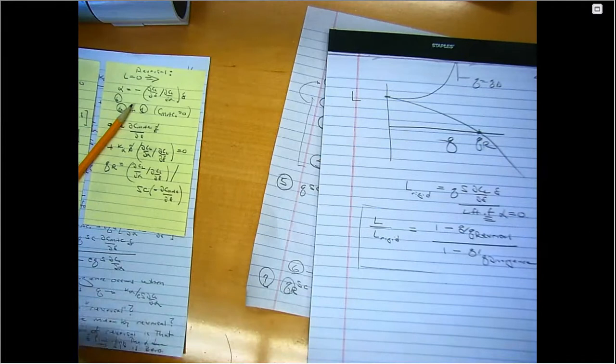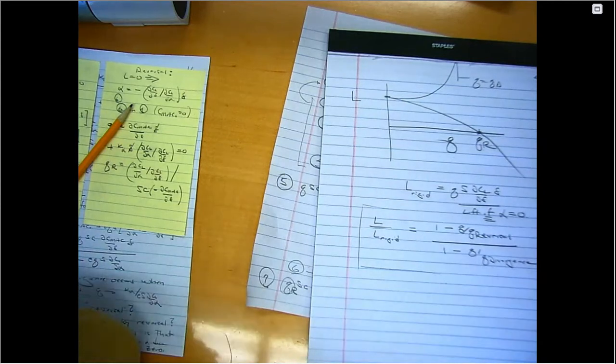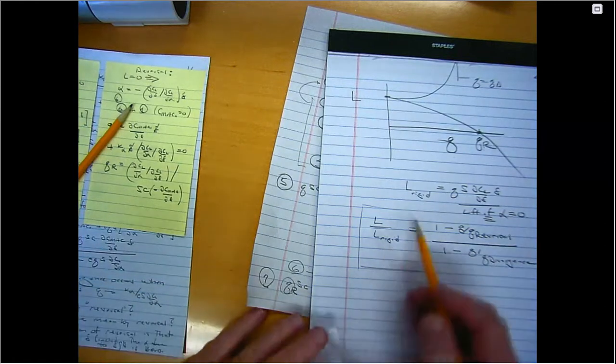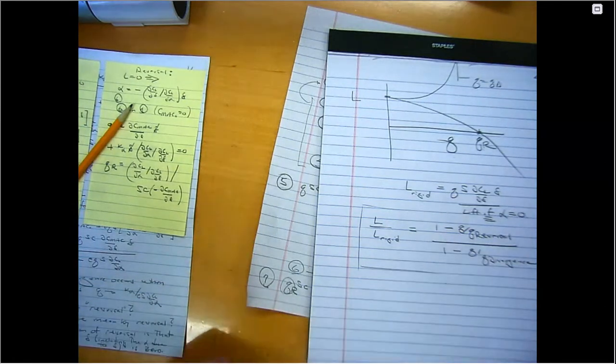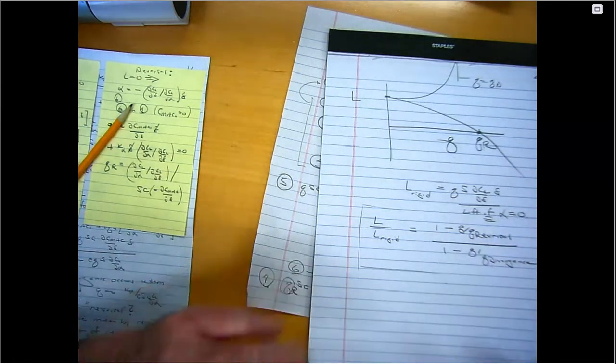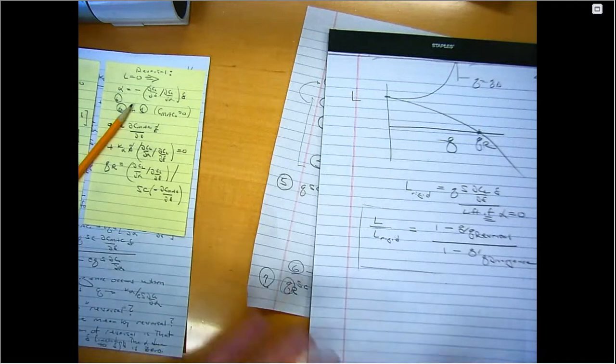Someone runs a fairly elaborate computer code and determines Q reversal and Q divergence, and then they just use this formula. Rather than keep running that code, they just use this formula to make a first guess. So this is one of those little handy formulas that if you're a practicing airplane person, you keep in your hip pocket.